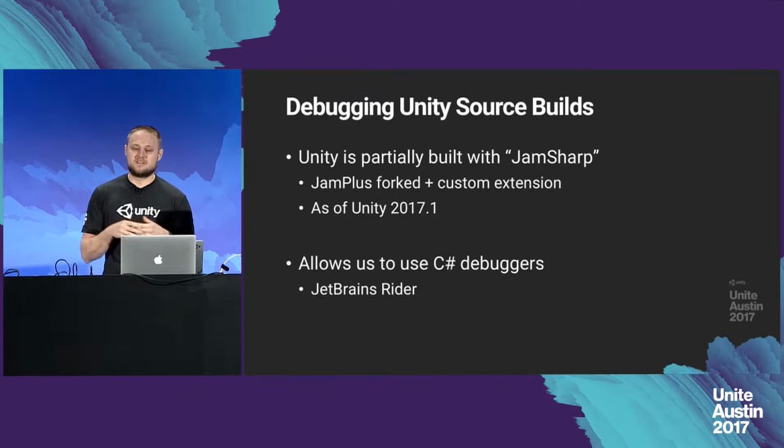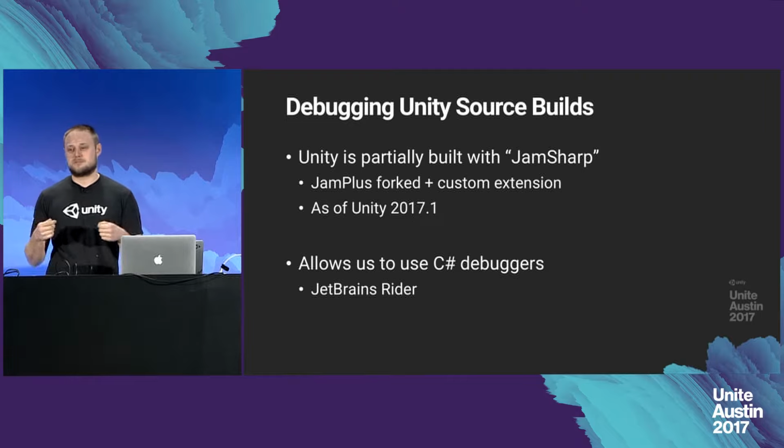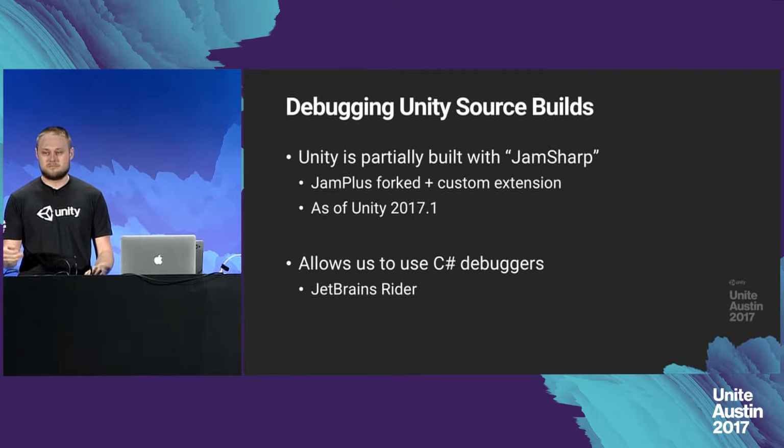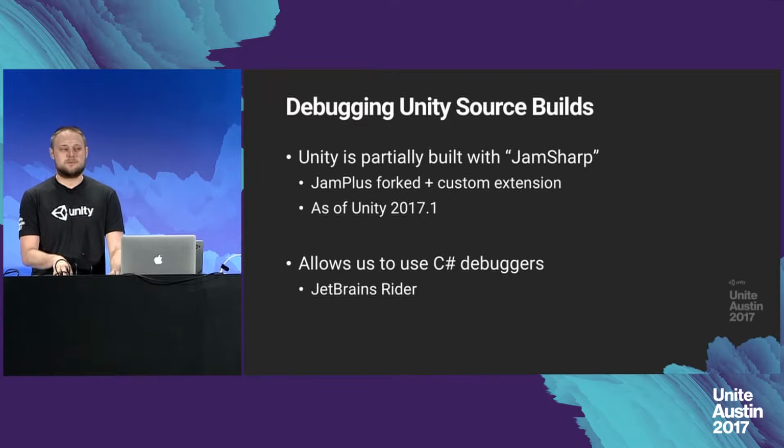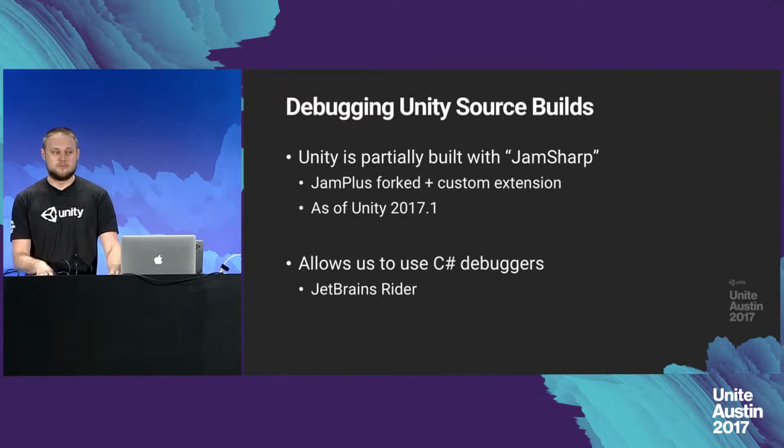Jam Sharp is the Jam Plus extension that allows us to write managed C# code to build Unity. In terms of source code that you have access to, the first official release that you'll find Jam Sharp stuff in is 2017.1, although, as he mentioned, there's work that went into it over time in different releases. But this allows us to use C# debuggers like JetBrains Rider, and so that's nice.